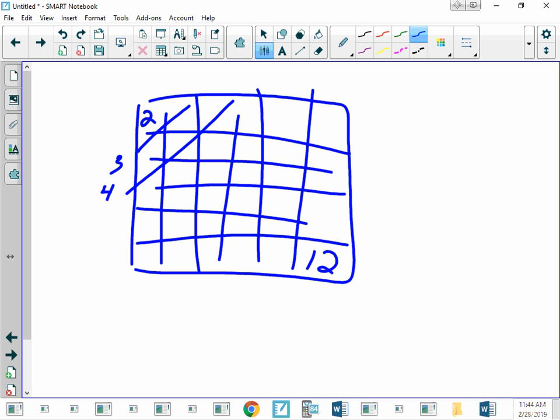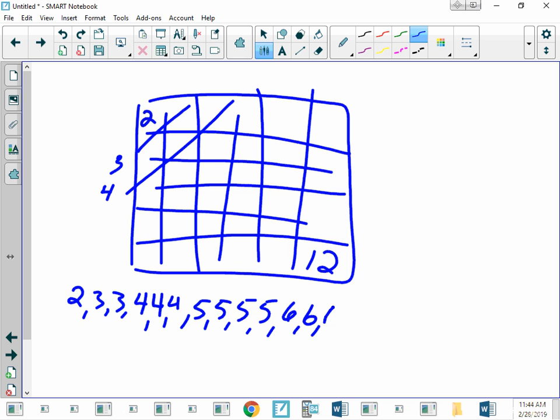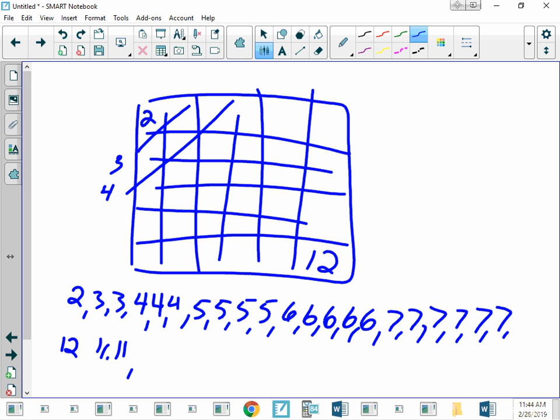So we have a 2, 2 3s, 3 4s, 4 5s, and then the opposite number of 8s, 9s, 10s, 11s, and this would be 12s, and so on.